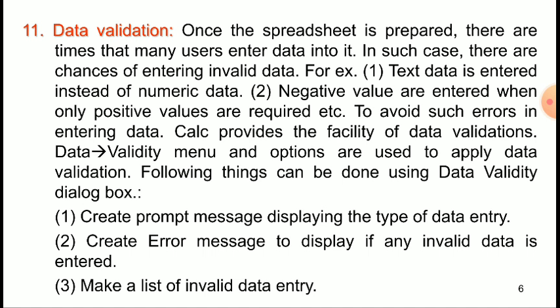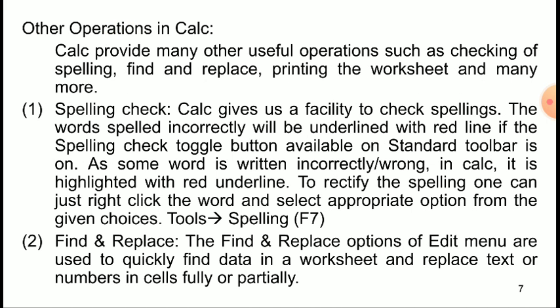Second, create an error message to display if any invalid data is entered. Third, set criteria for data which you accept from users. Fourth, make a list of invalid data entries. So that is data validation.